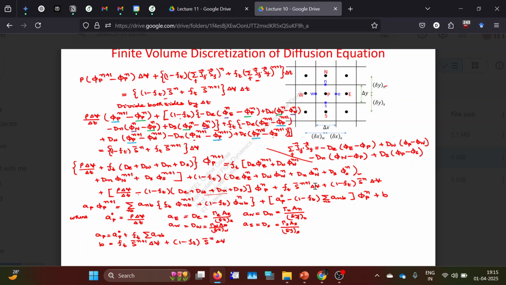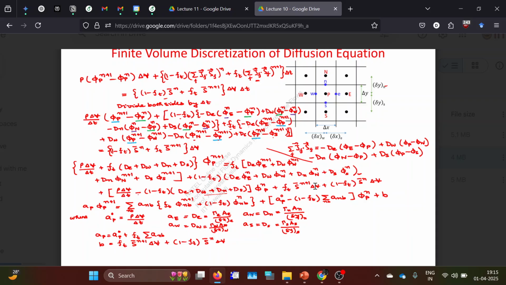Okay, so in the heat conduction problem, we said that alpha value, thermal diffusivity, is like this diffusion constant here, gamma we have taken.